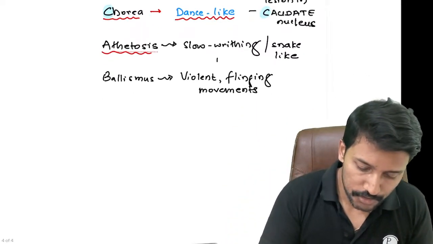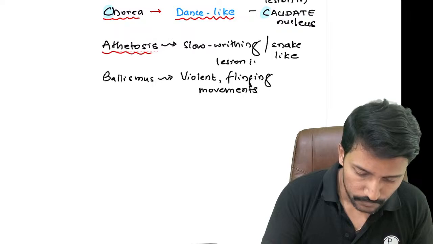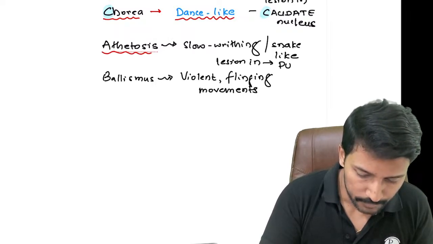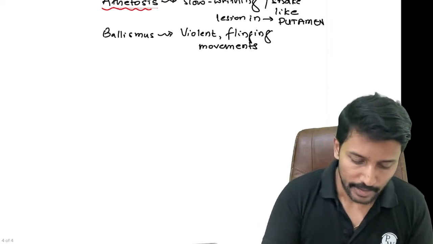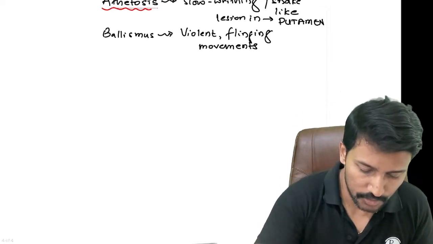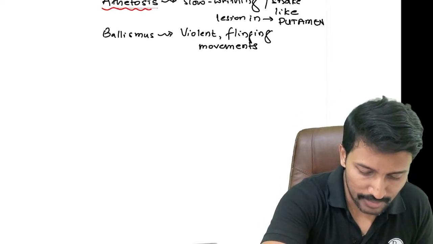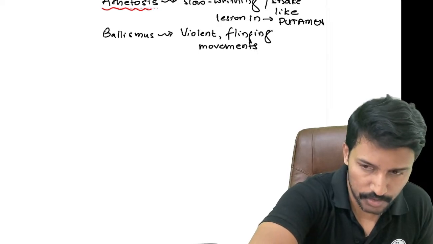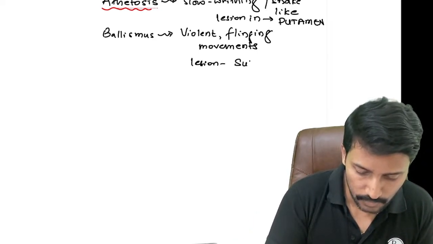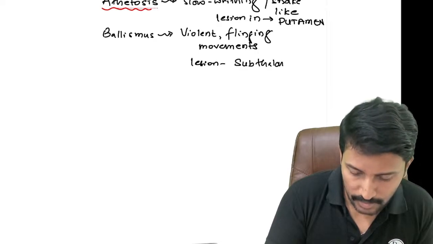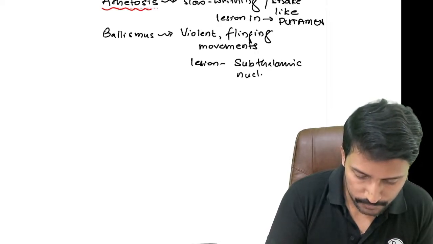Athetosis is due to lesion in putamen. The putamen lesion produces athetosis, and the balismus is due to lesion in subthalamic nucleus. Subthalamic nucleus.